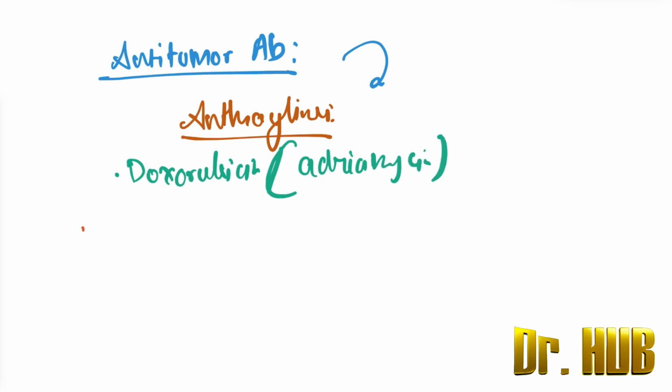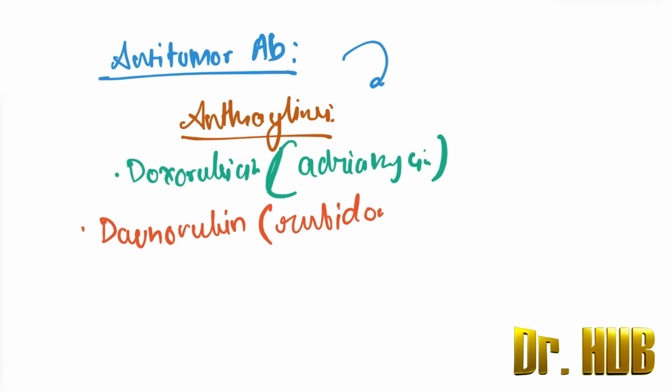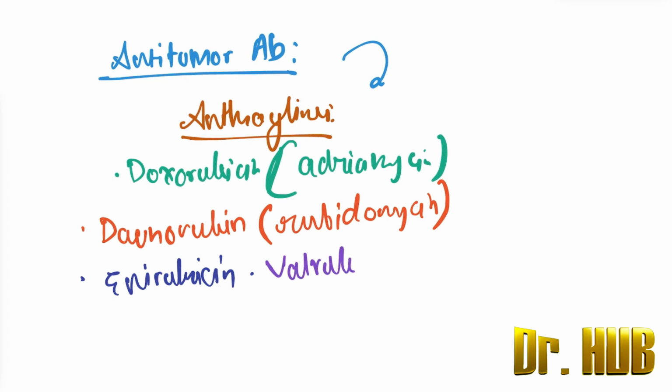Then there is daunorubicin, which is nothing but rubidomycin. Next, there is epirubicin. Then comes valrubicin, and there is also mitoxantrone.